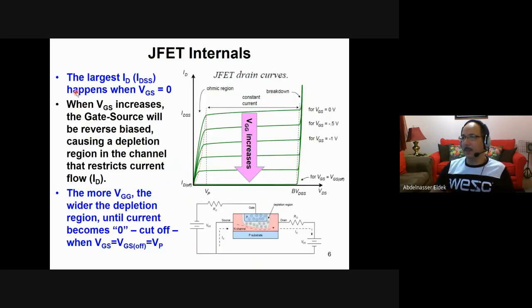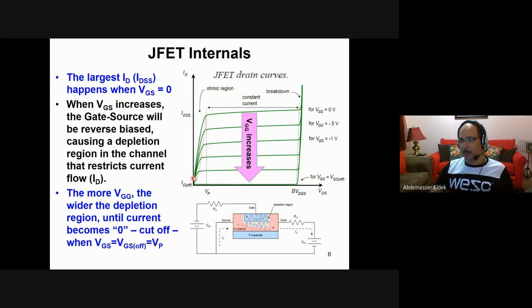So let us see here what will happen. Say that the largest current ID happens when VGS equals 0. So this is a curve here, when VGS equals 0. This curve. So as I mentioned before, when you increase the voltage VDS, this is VDS, you increase the current ID.